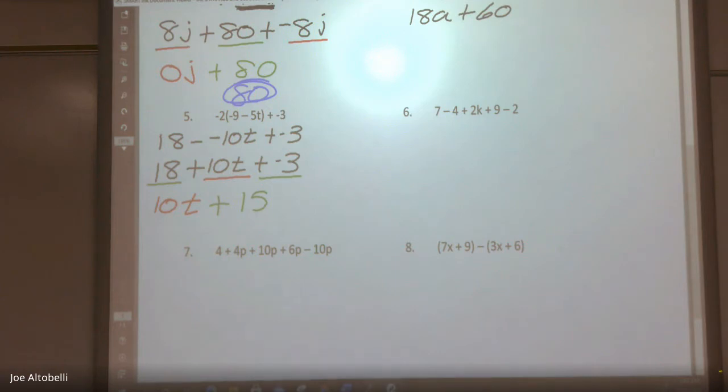Variable. Variable terms have a letter. Just have that under.